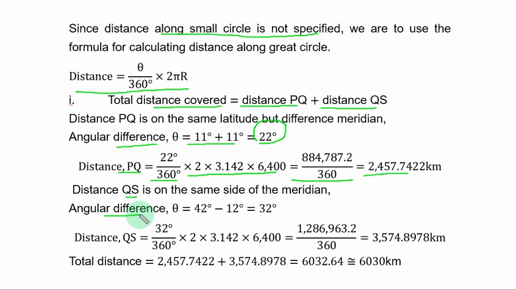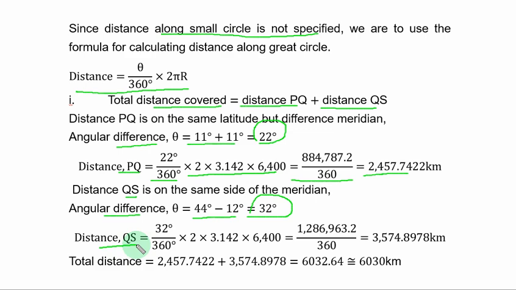Distance QS is on the same side of the meridian, and as such the angular difference is through subtraction. Since points Q and S are on the same side of the meridian, you have to look to the latitude to get the angular difference. They are on the same side of the equator, so you have to subtract the two angles to get the angular difference to be 32 degrees.